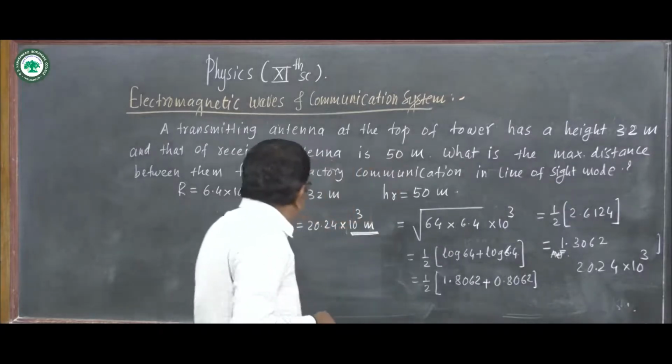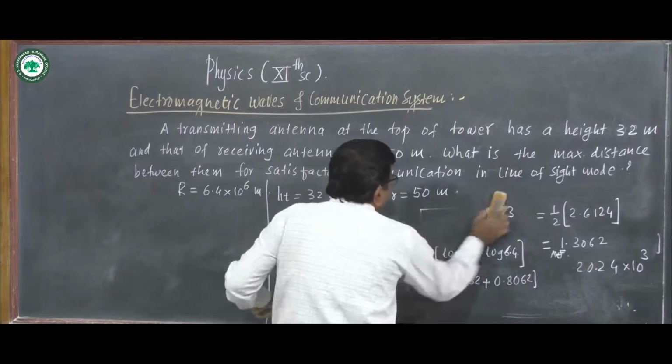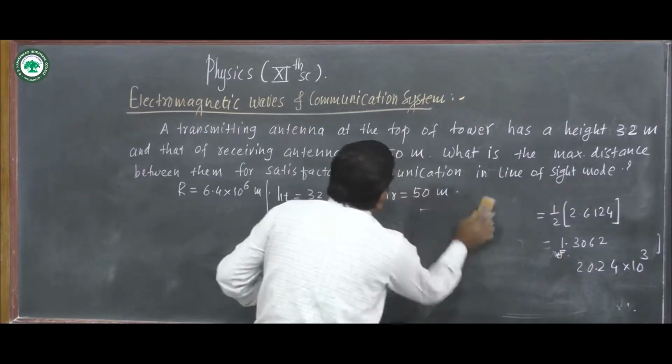Then we find dr, that is the range for receiving antenna.